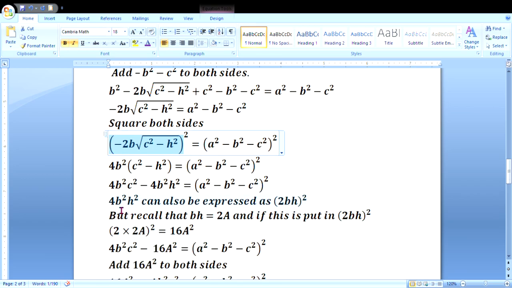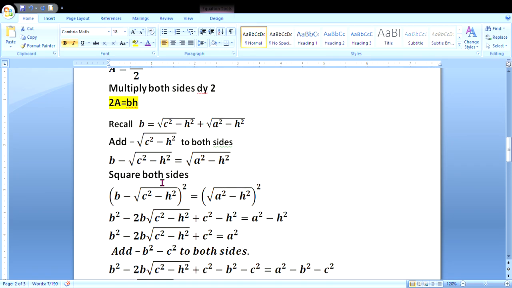Now we can see clearly here that 4b square a square can also be expressed as open bracket 2bh close bracket all square. If you recall, b times the base times the height is equal to 2a as expressed here.